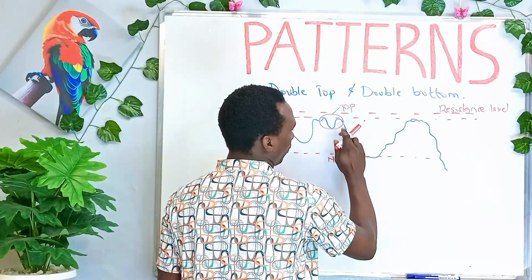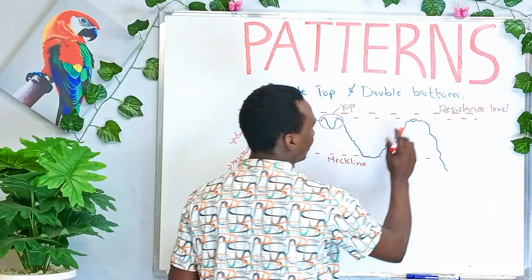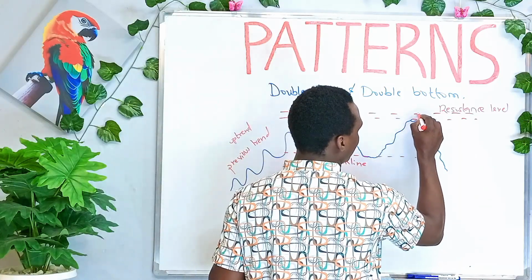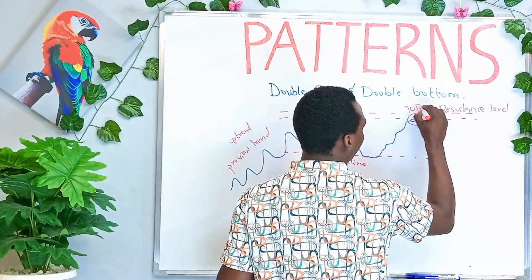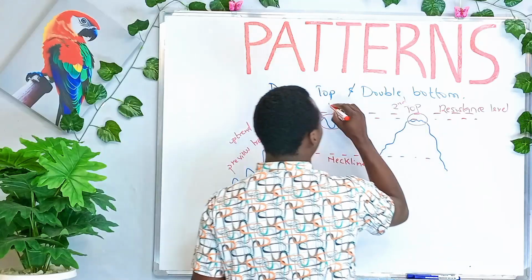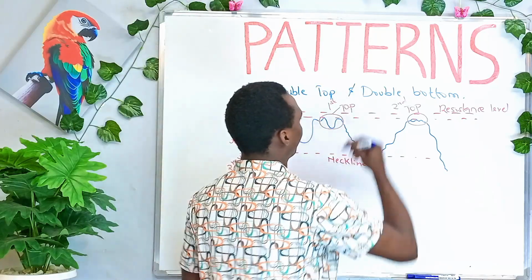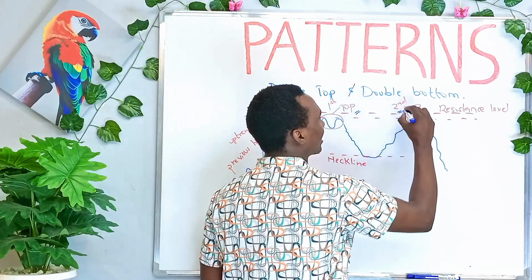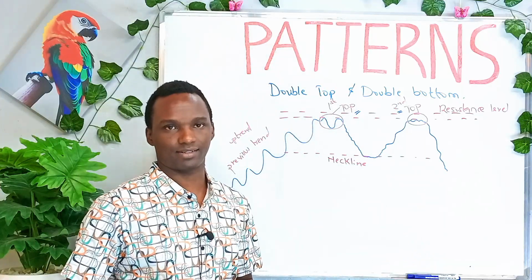When it comes and tests this neckline, then moves back to this resistance level to retest it once again, it forms the second top. So the first top and the second top are called the double top pattern.